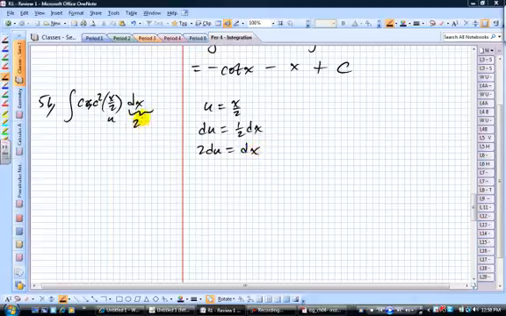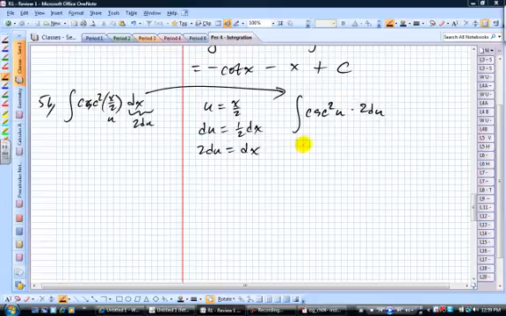So this portion right here is just 2 du. And so when you rewrite this one, you get the integral of cosecant squared u times 2 du.